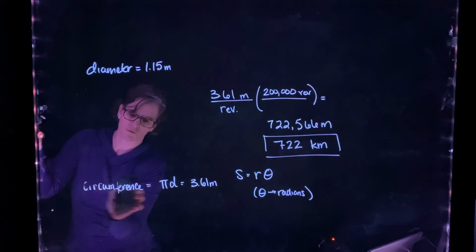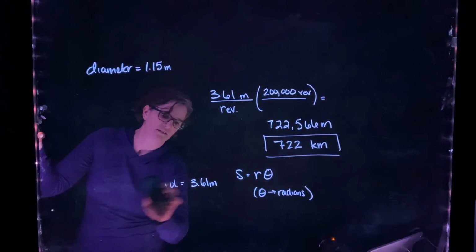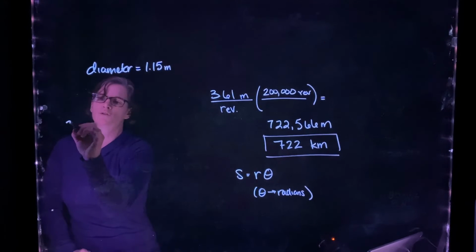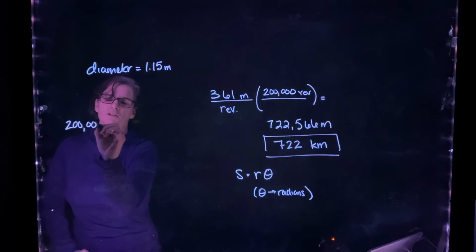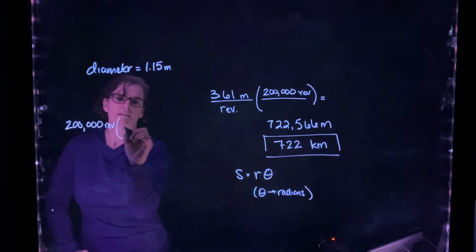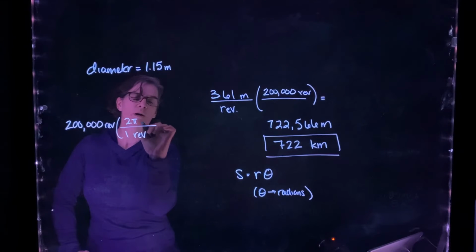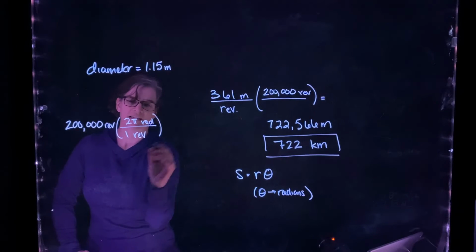Well, that's going to use that relationship. 200,000 revolutions. In one revolution, we go through 2 pi radians.